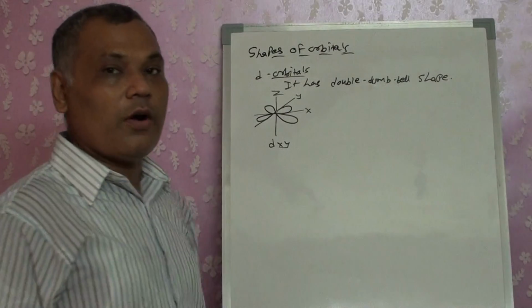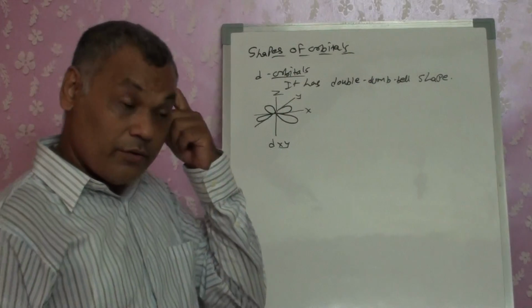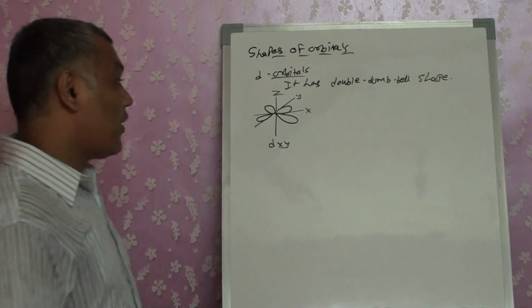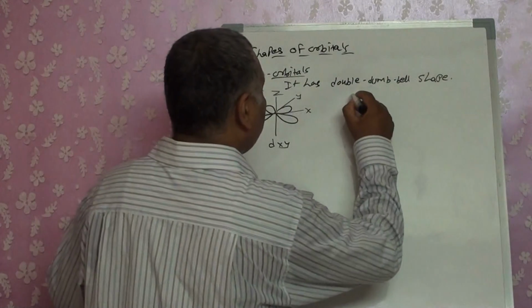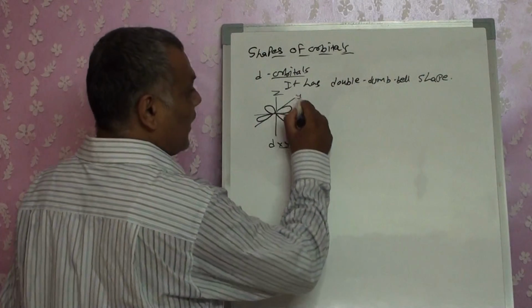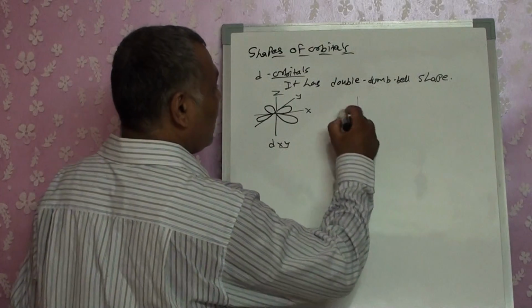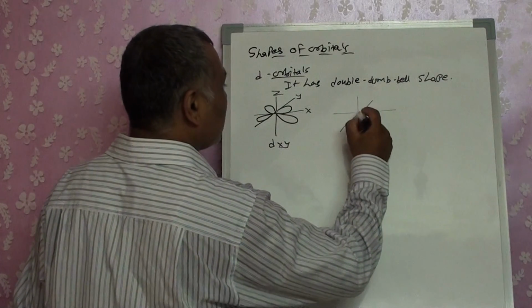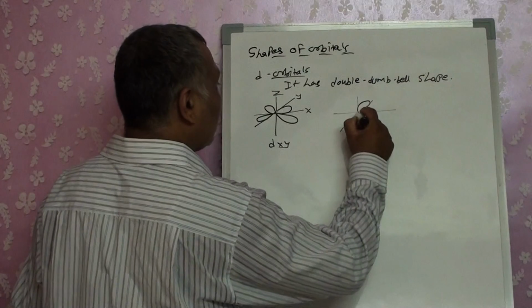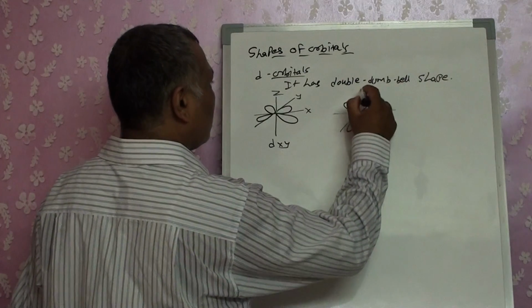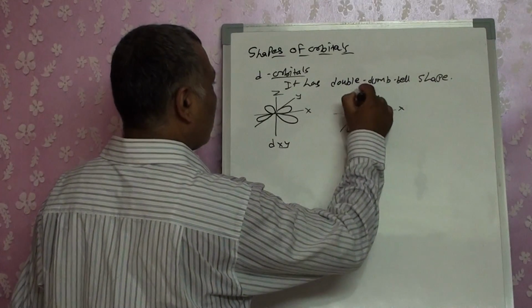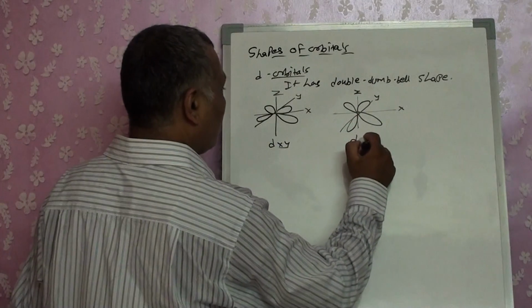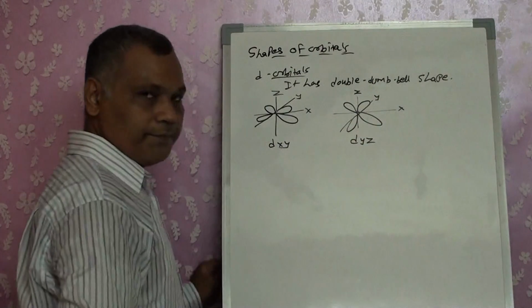Once we study all of them, I will explain the difference that we are going to get. This is dxy, between x and y. If I plot the axis between y and z, it will become the dyz orbital.